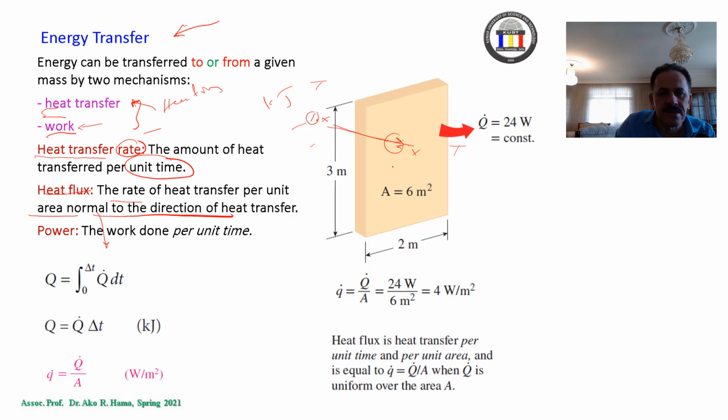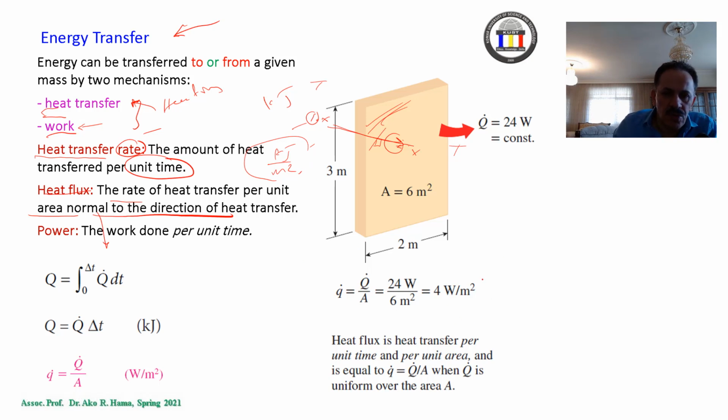So if the direction is normal to this area, how much is the heat, how many kilojoule was transferred per meter square for this area? That's called the heat flux. Now the heat transfer rate and the heat flux are per unit of time, for example, per hour or something like that.